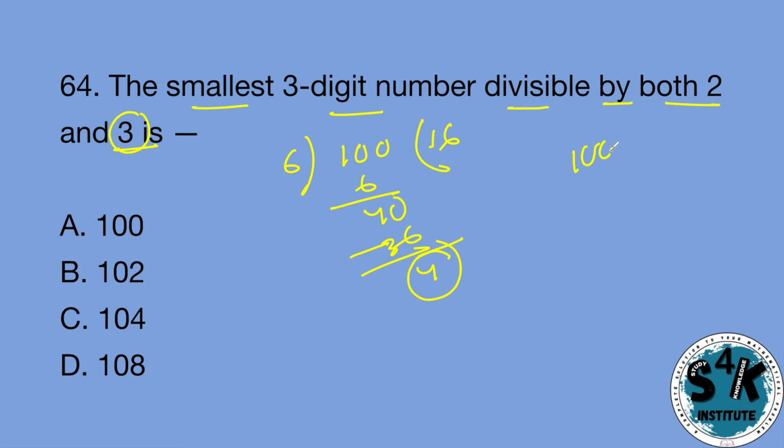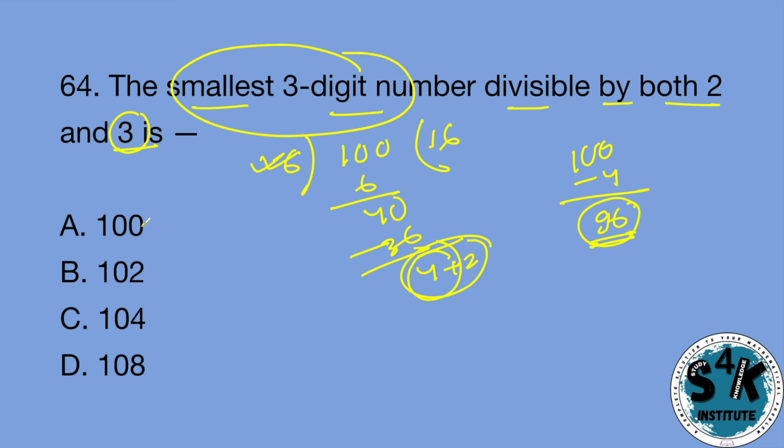If you subtract 4 from 100, it becomes 96, and 96 is not a 3-digit number. But if you add 2 to this 4, it becomes 6 and becomes divisible by 6. So you will be in a 3-digit number also, and that has to be the smallest 3-digit number. So you have to add 2 instead of subtracting 4. So the answer is 102. Why are you adding? Because you want to remain in a 3-digit number.